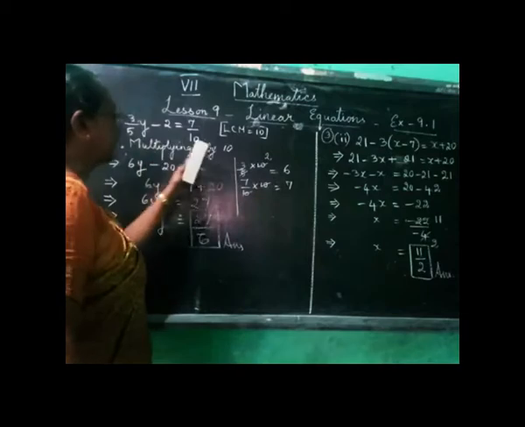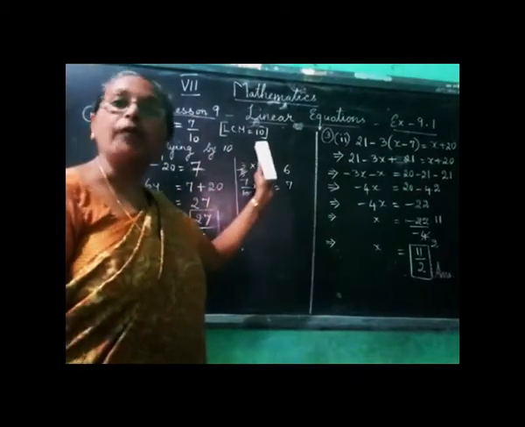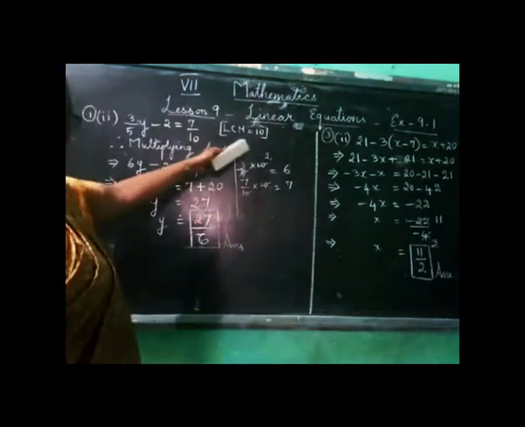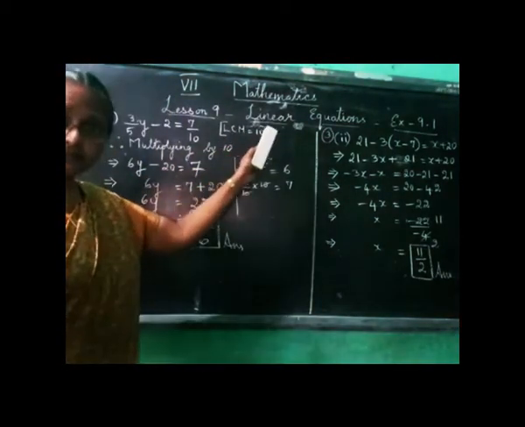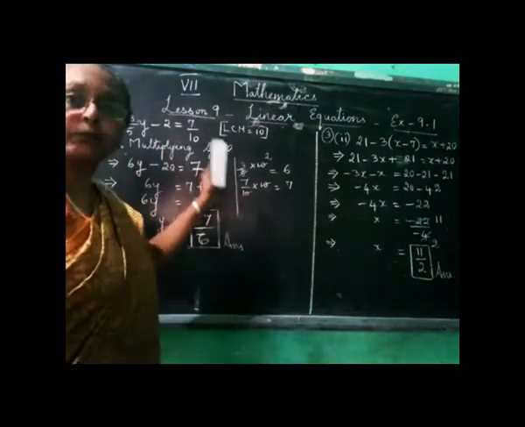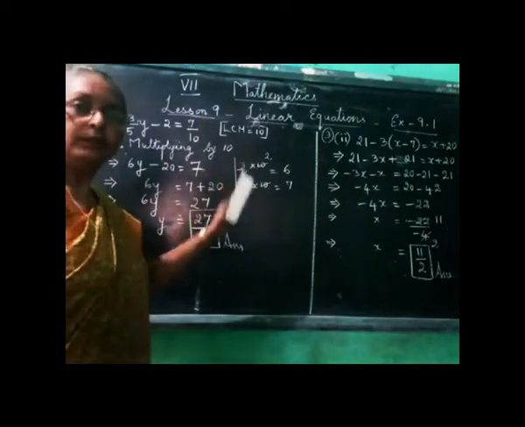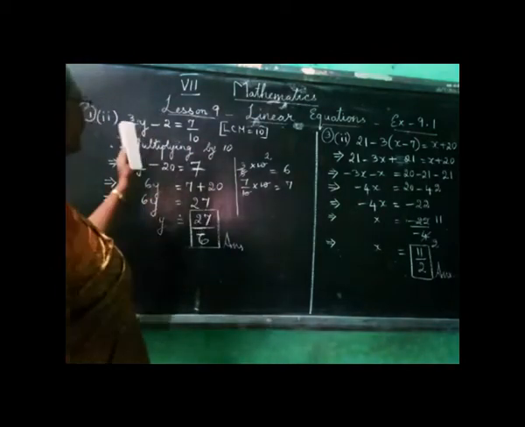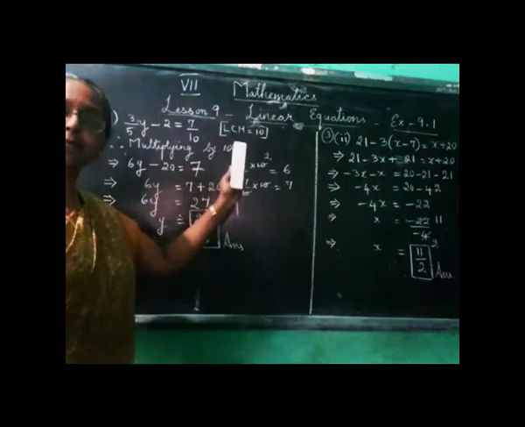So we have 5 and 10. We take the LCM of 5 and 10. That is 10. Once we get that LCM, we have to multiply every term of the equation by 10. Both sides of the equation we have to multiply by 10. Each term we have to multiply by 10.